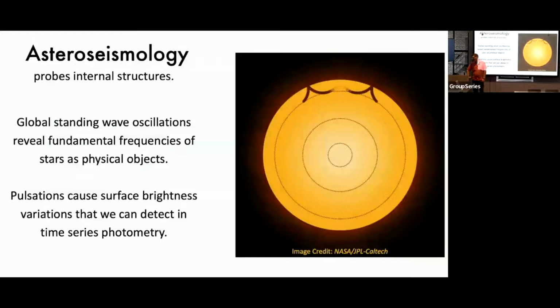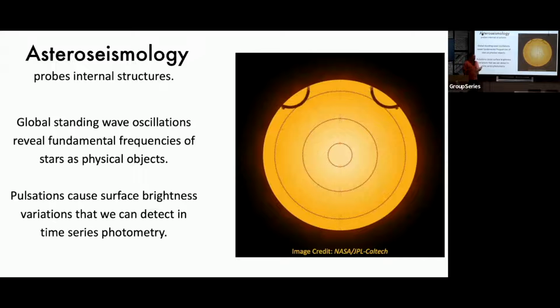So this talk will be focusing on asteroseismology, where standing wave oscillations of the stars allow us to probe the interior conditions of these objects. Pulsating stars resonate at a bunch of normal mode frequencies that are very sensitive to the structures of these physical objects.